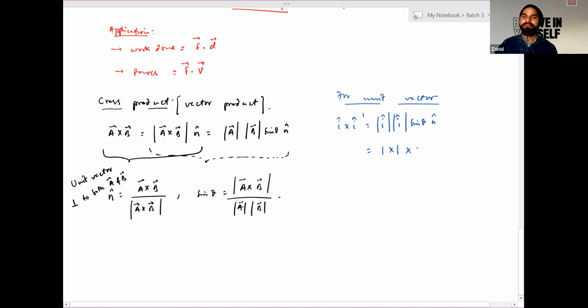Sine 0 is 0 times n cap, and 0 multiplied with anything is 0. Since it has a unit vector with it, it is a null vector; a vector having magnitude 0 is called a null vector. So we conclude the cross product of the same vector, I cross I, j cross j, or k cross k, is 0.